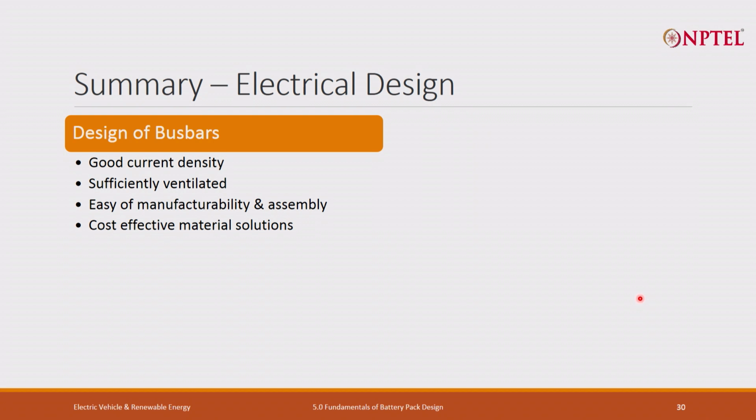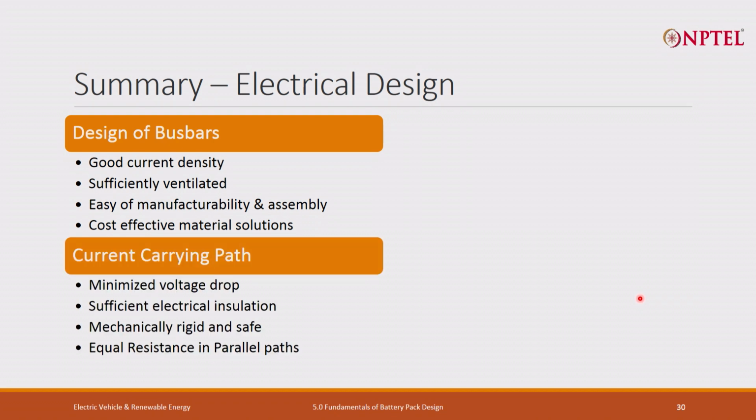Wherever you reduce the cost in manufacturing and assembly, finally you are reducing the cost of the battery pack. For a cost-effective material solution, yes, silver and gold are highly conductive, but we cannot utilize them because of their cost. What could be the best material? Copper, aluminum, various alloys. What we have to worry about mostly is how to minimize the resistance or resistivity of the material.